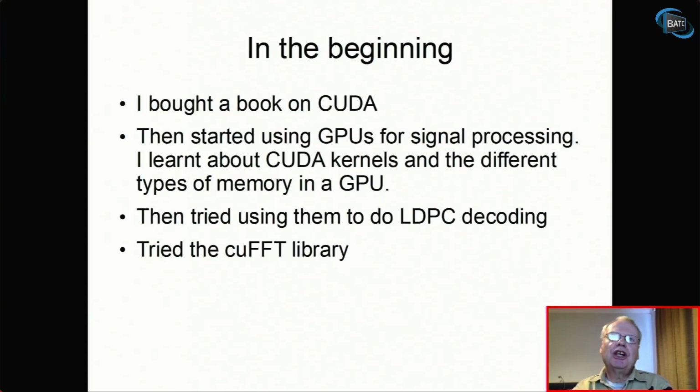The next project I tried was LDPC decoding. That's the error correction scheme that's used in DVB-S2. It's very computationally expensive, and normally it's done in specialized chips inside the receivers. But using a GPU to do it is not a great idea.